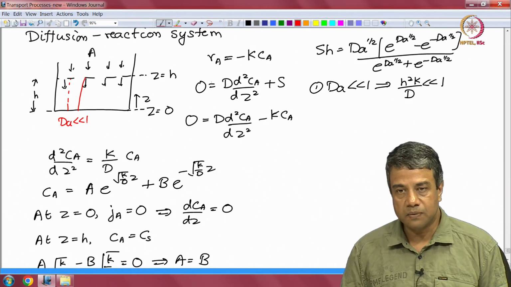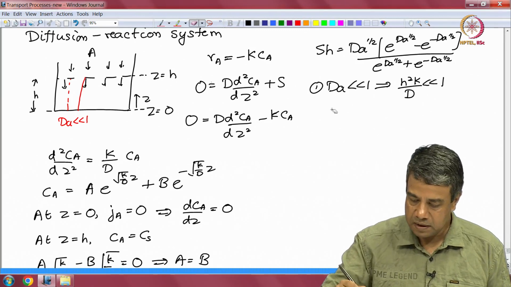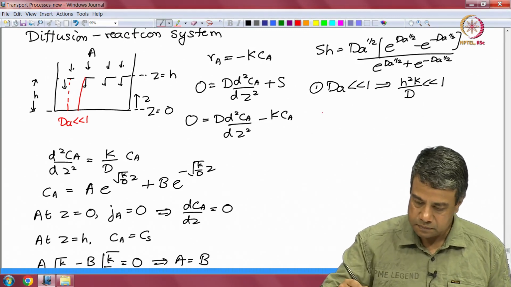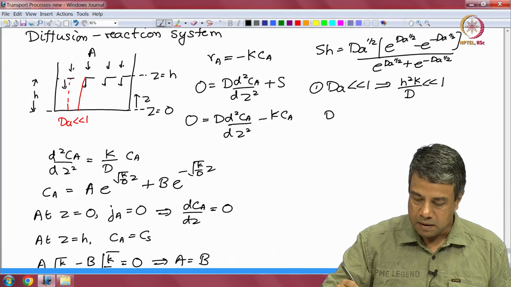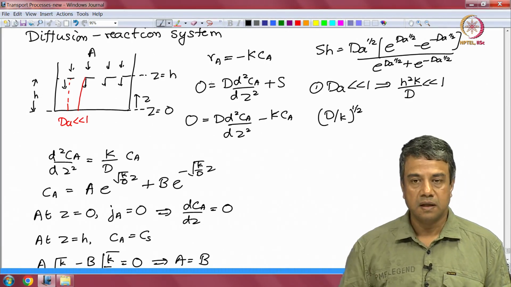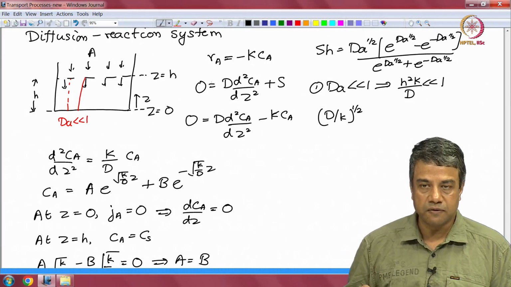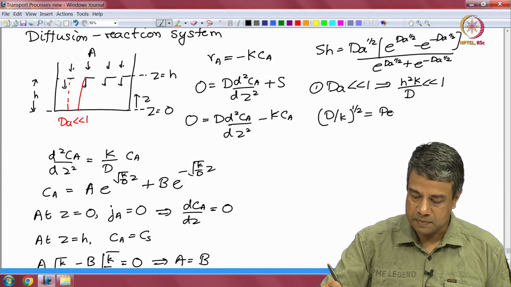Another way to think of this is to think of this length scale. D by k to the power half is a length scale. It tells you how much the material diffuses before it reacts. So, you can consider this as a penetration depth.